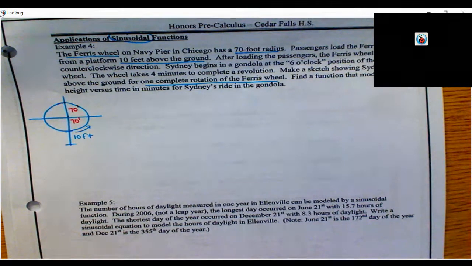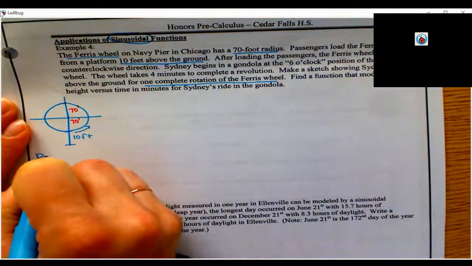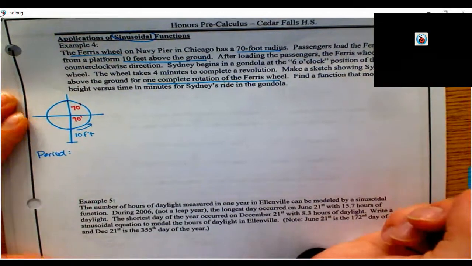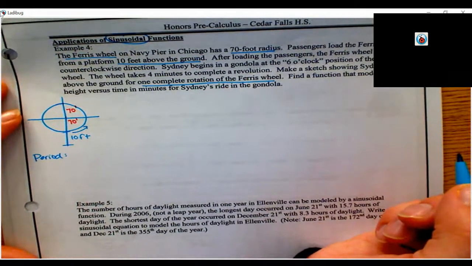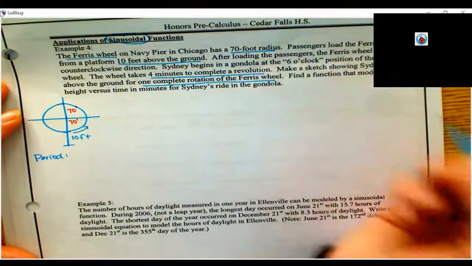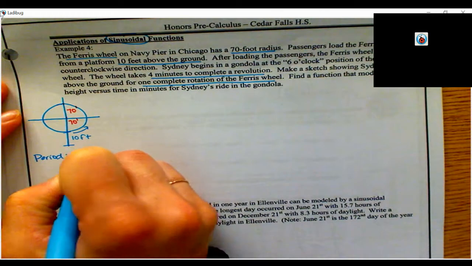Okay, so we need to figure out some things that are important to write this equation based on this. So first thing I want to talk about is the period. What information tells me what the period is? 4 minutes, right? This 4 minutes to complete a revolution tells you how long it takes for one complete revolution. So the period is 4 minutes.